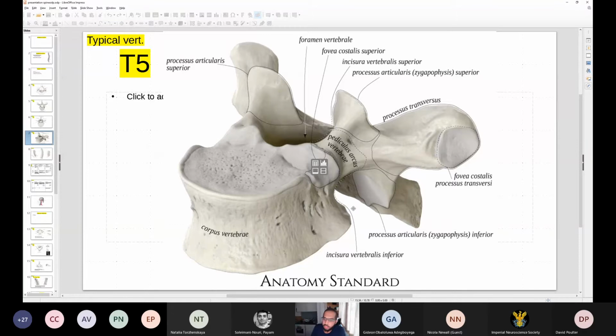So the pedicle will eventually make a space for the nerve. This space is called the notch, and this notch, when in an intact vertebral column, will form a canal, and this canal is called the intervertebral canal or foramen, which allows for the passage of the spinal nerves.